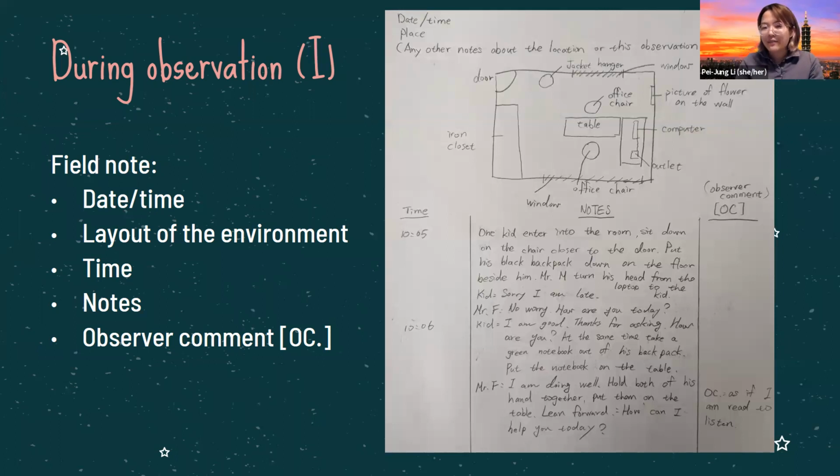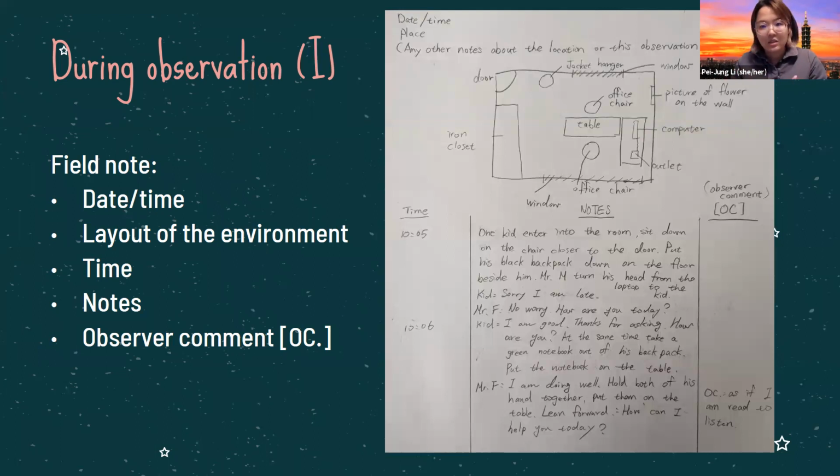This is not something you would directly see. However, this is something that comes out of your interpretation. So instead of taking this as a note, you want to put it as an observer comment to say, okay, this is the researcher's interpretation, not what is really happening there.